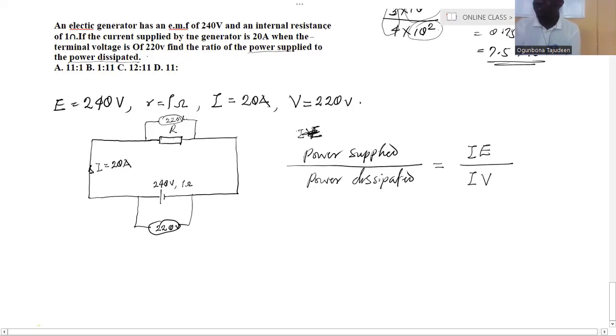So that will give you I is 20. Just cancel this and this, and we are left with 240 over 220. 0 cancels 0, 2 here 11, 2 here 12. The final answer is 12 over 11. I believe that one is clear.